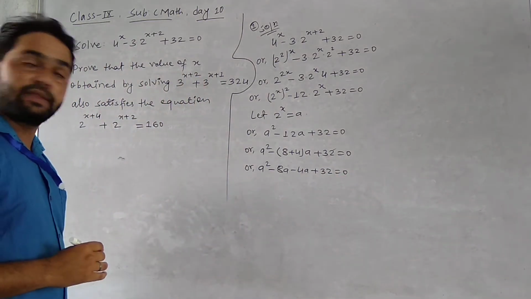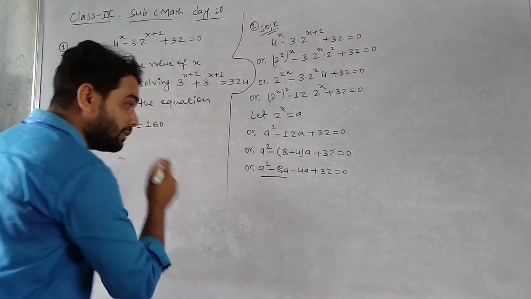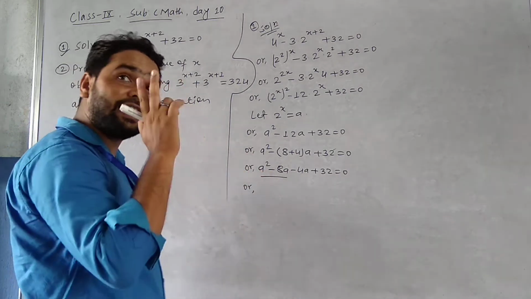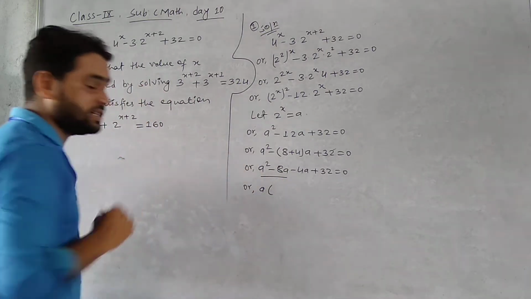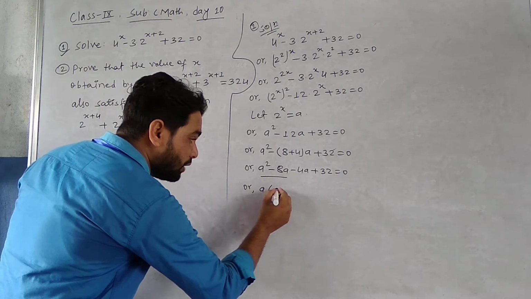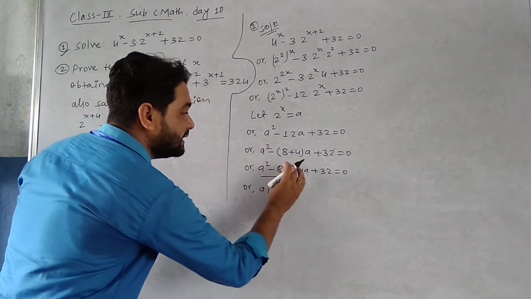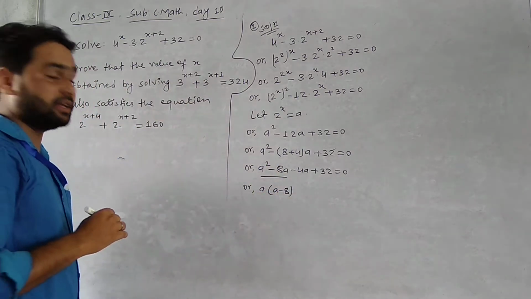Now out of these two, let's take out the common at first. Here it is a square, that means a into a, and here it is 1a, so a is common. We take out a, and here 2a, so 1a remains a, minus sign is here, and if you close this a we get 8, so it becomes a minus 8.